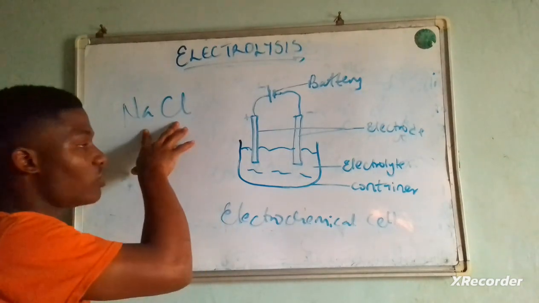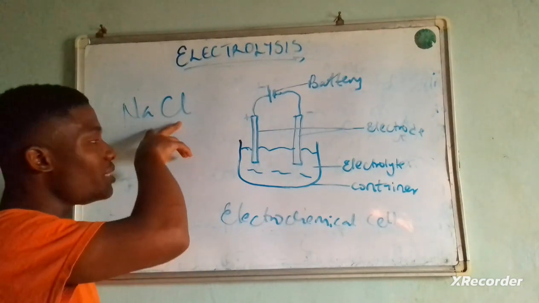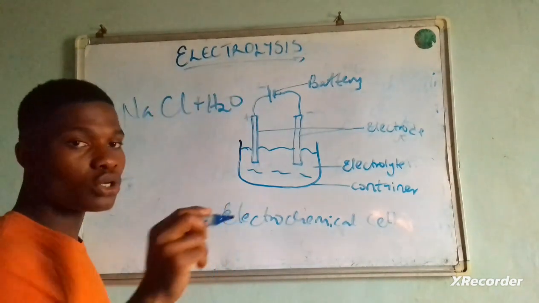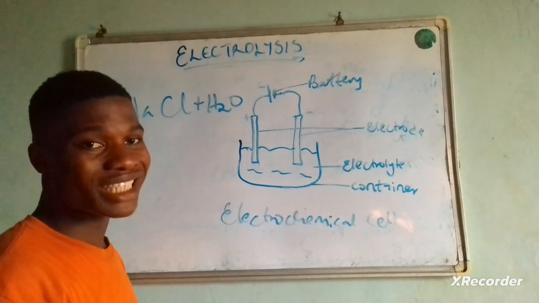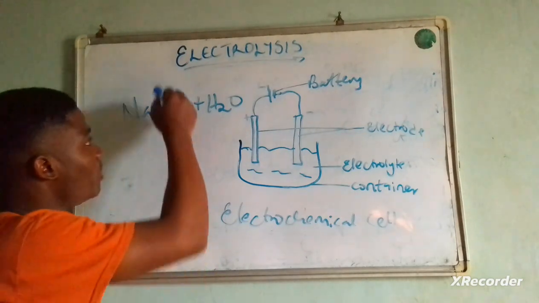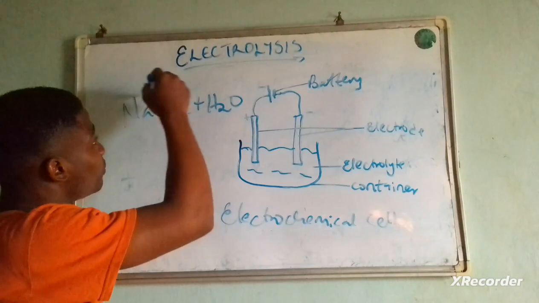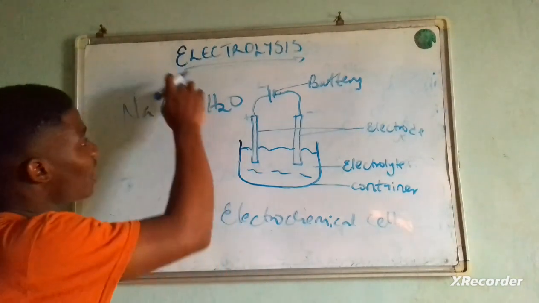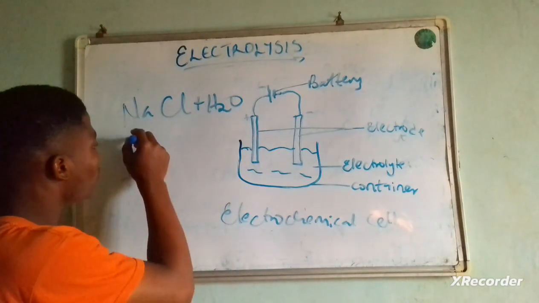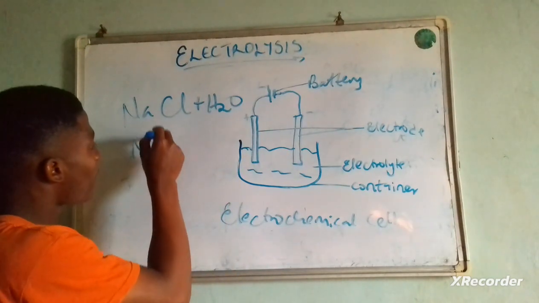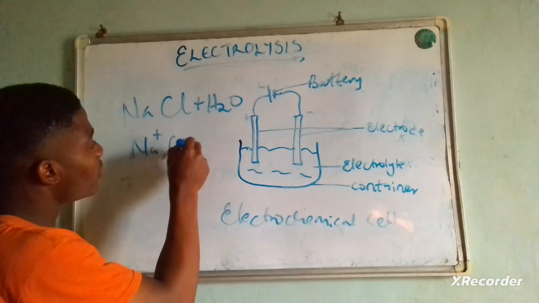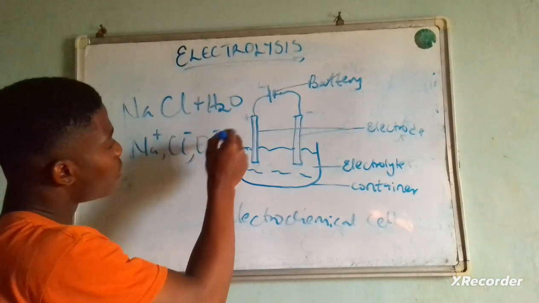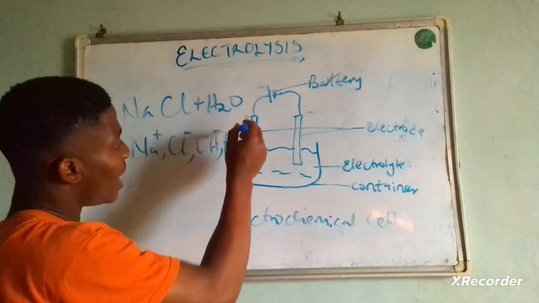When we have sodium chloride on this spoon, it's a compound, but when we mix it with water, H2O, something is going to happen, and what is going to happen is what is called ionization. That is the splitting of these things into different ions. So we are going to have sodium ion, chlorine ion, OH ion, and also hydrogen ion.